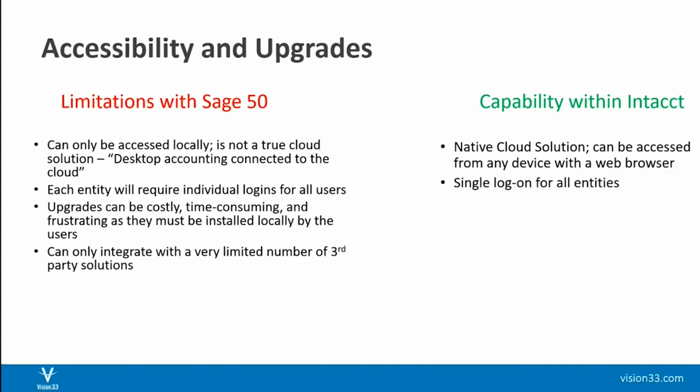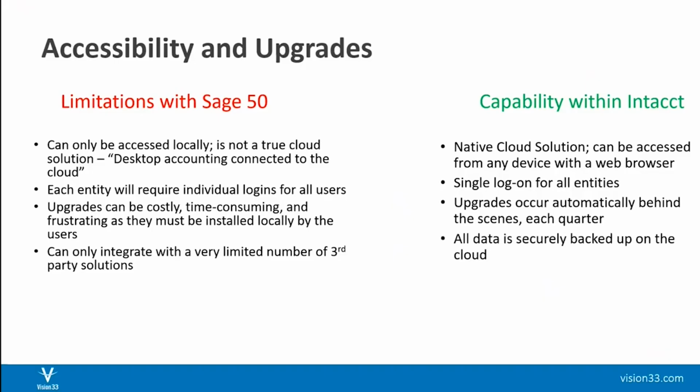All of your users will only need a single logon for all of the entities. Upgrades occur automatically behind the scenes each quarter, 4 times a year by Sage. All of your data is very securely backed up on the cloud. And Sage Intacct has the capability to integrate with a large amount of third-party solutions, which will greatly increase your productivity.